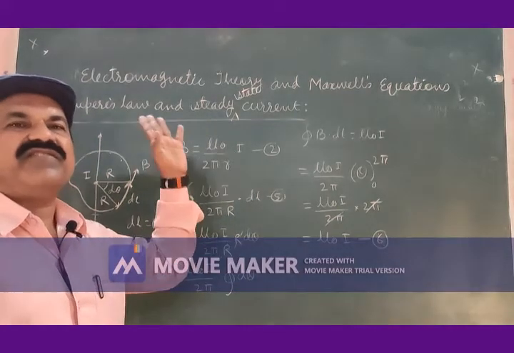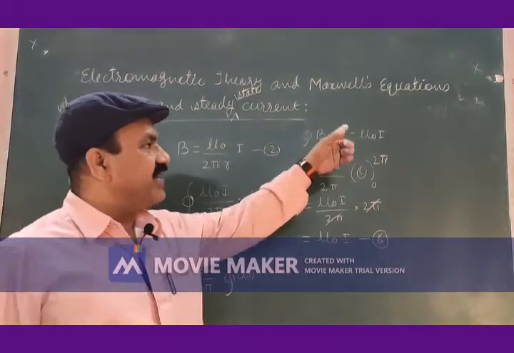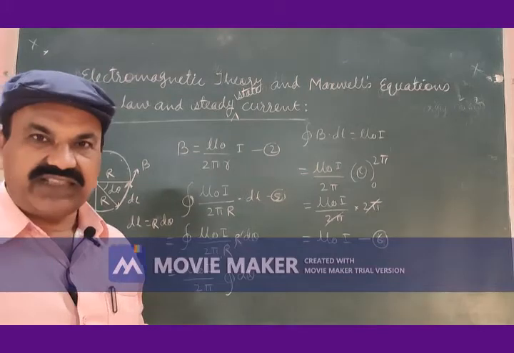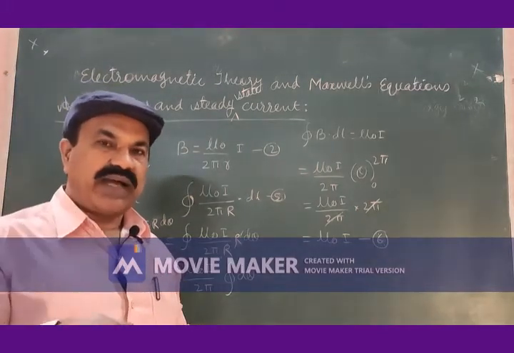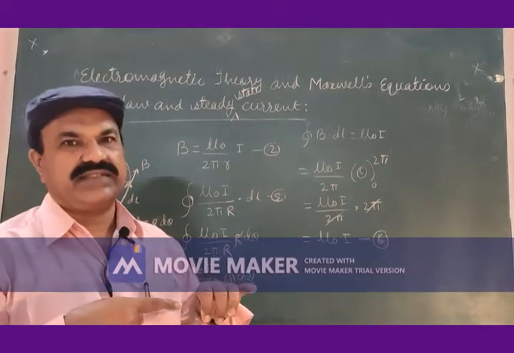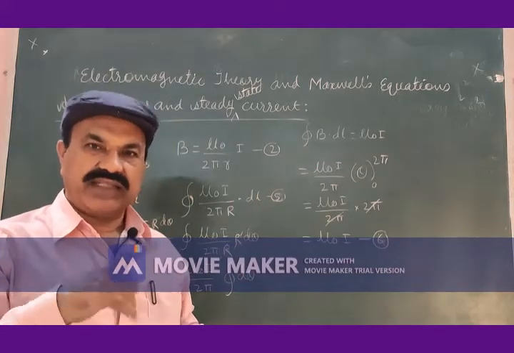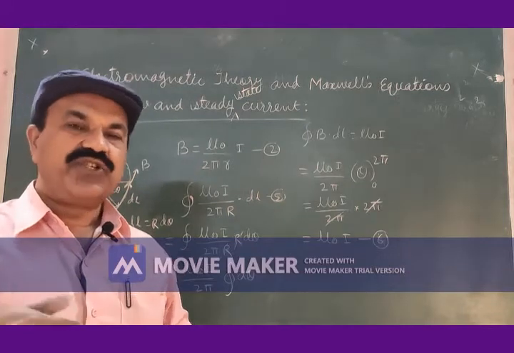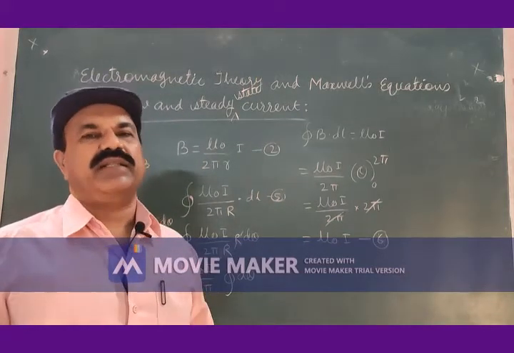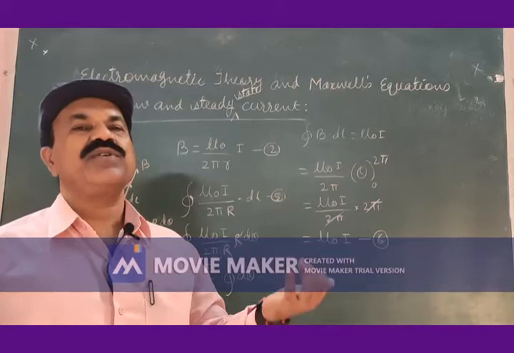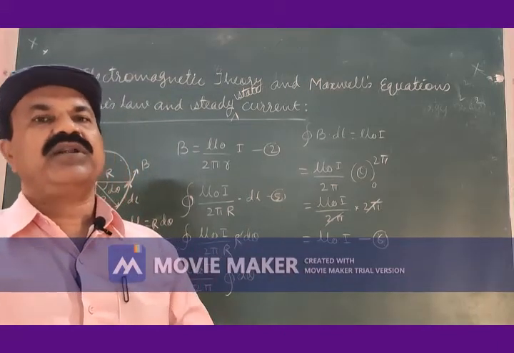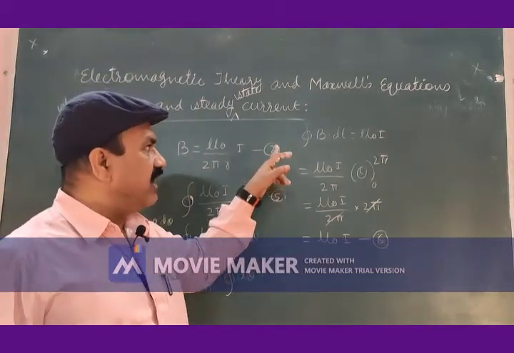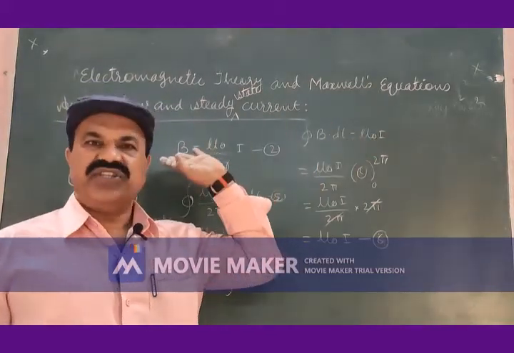The path enclosing the current may or may not be regular. Ampere's law is always valid if the path is a closed path, that is one thing, and the closed path is enclosing the current. Second, very important thing, the current should be enclosed by the path. If current is enclosed by the path, regular or irregular, Ampere's law is valid, and all the time we will have this result.